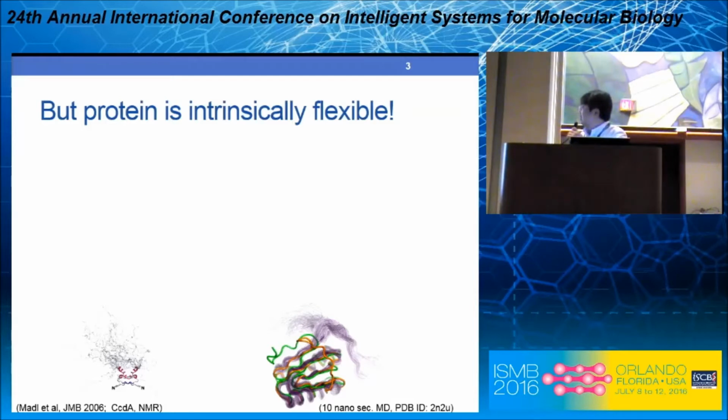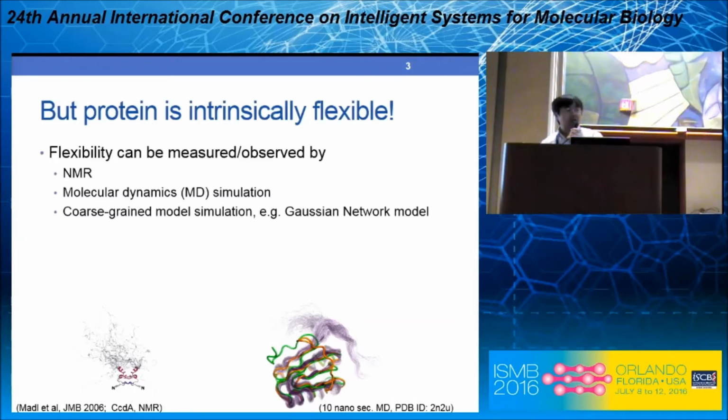And here, if you run a 10 nanosecond molecular dynamics simulation, sometimes the tail region can move that much. The flexibility can be obtained by NMR or molecular dynamics simulation, or by more coarse-grained simulations using, for example, Gaussian network model or normal mode analysis and so on.